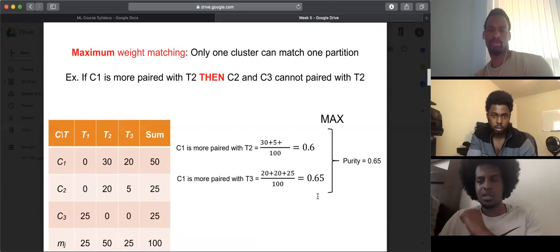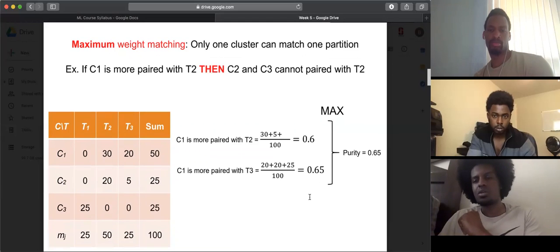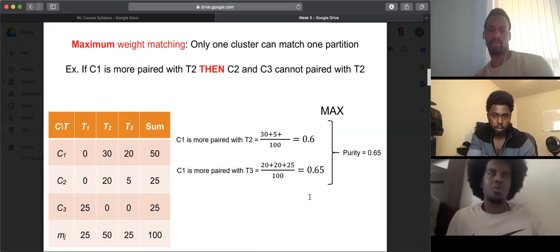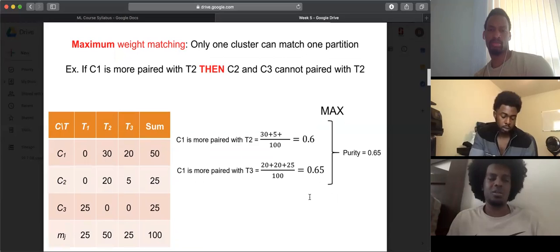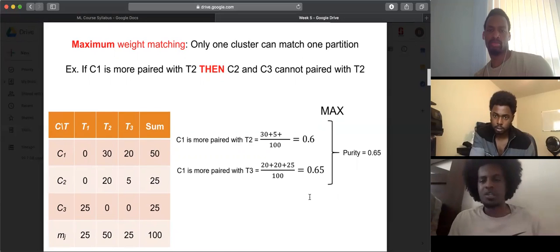So yes, one is bigger than the other, but there's a lot of variance, I guess. I don't know how to explain this, but do you see what I'm saying? The problem is that it's almost just as likely to have been paired with T3 than with T2. I mean that backwards.